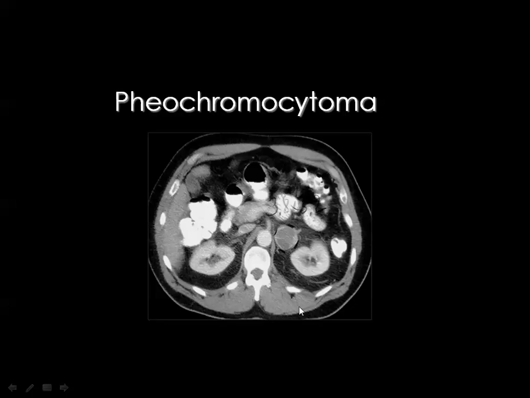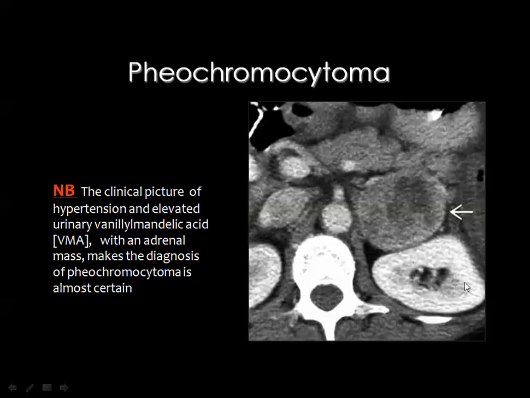And if you see a mass in the suprarenal gland, and this mass does not fit with the diagnosis of lipid-rich adenoma, then the differential diagnosis is wide, including lipid-poor adenoma, pheochromocytoma, adrenocortical hyperplasia, adrenal metastasis, and granulomatous disease.